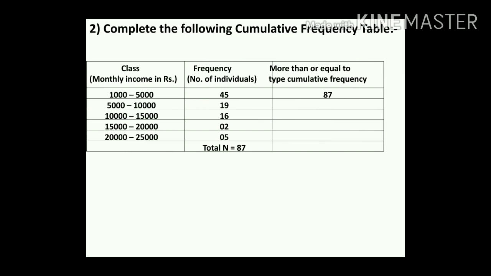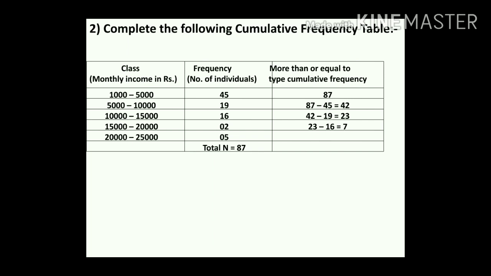Now 87 minus, what is our first frequency, children? 45. So 87 minus 45 equal to 42. Now this 42 we have to take down to the next line. Minus 19, we get 23. Now 23 take to the next line. 23 minus 16 equal to 7.